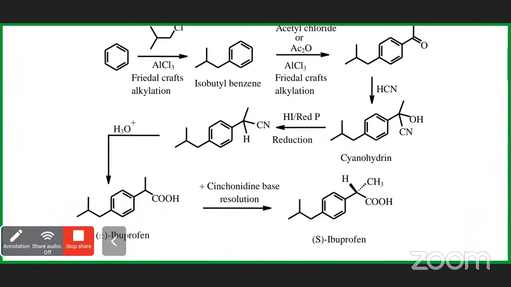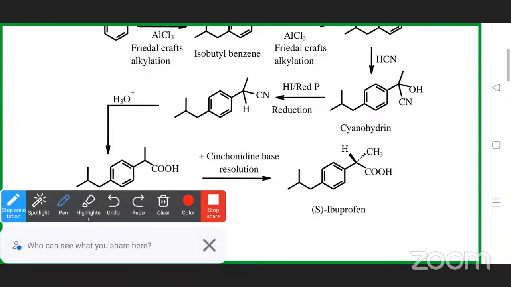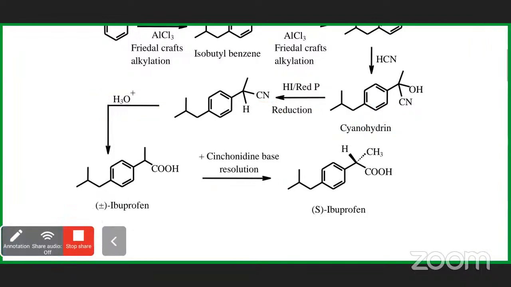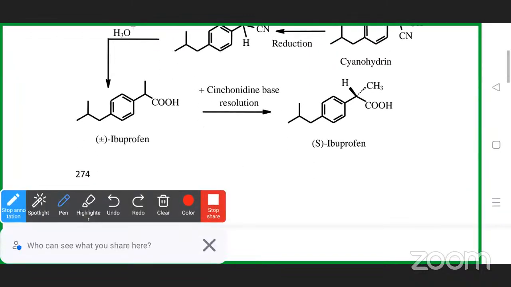And further, it is undergoing hydrolysis, and you know that upon hydrolysis of the cyanide group, the cyanide group converts into a carboxylic acid here. So we are getting the racemic form of ibuprofen.